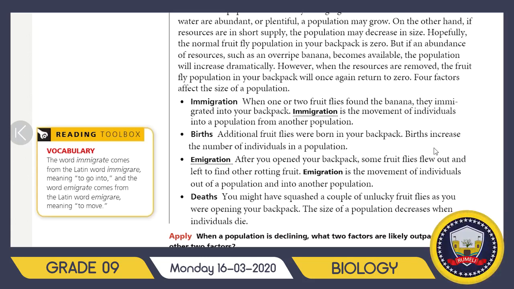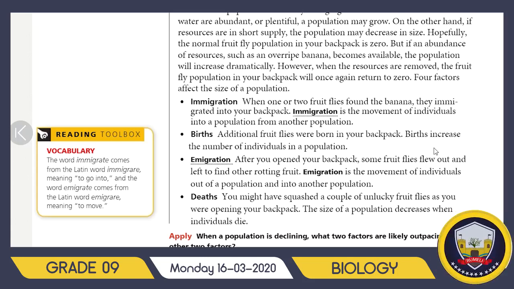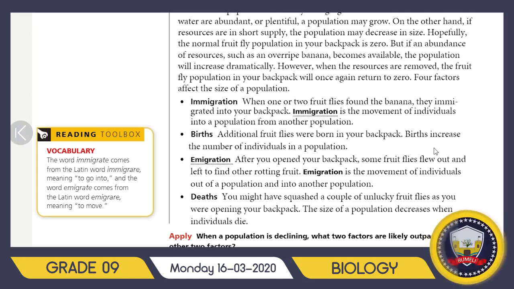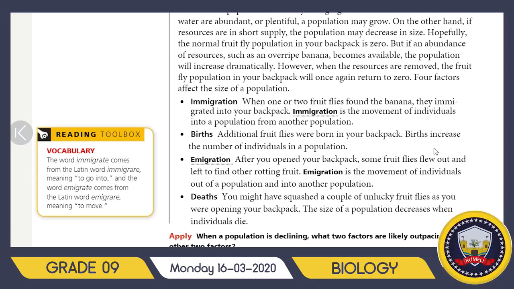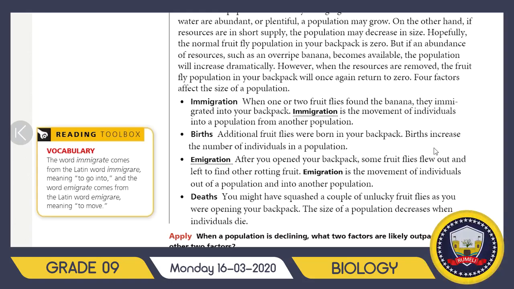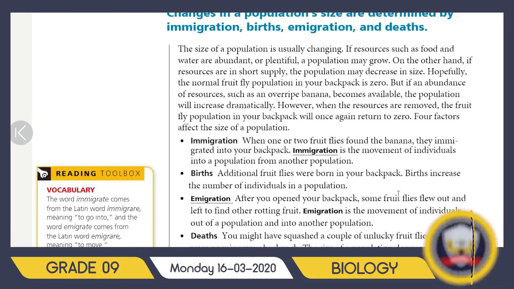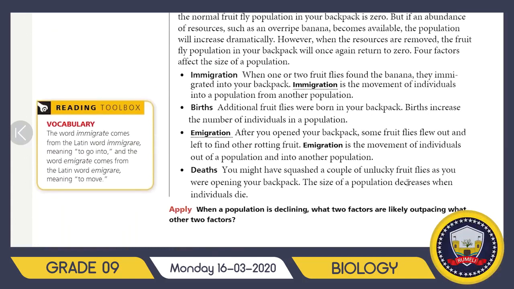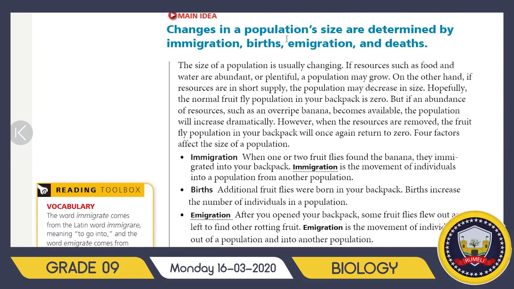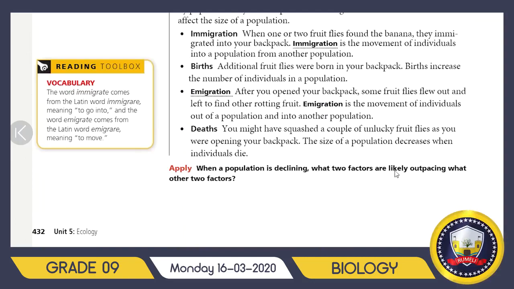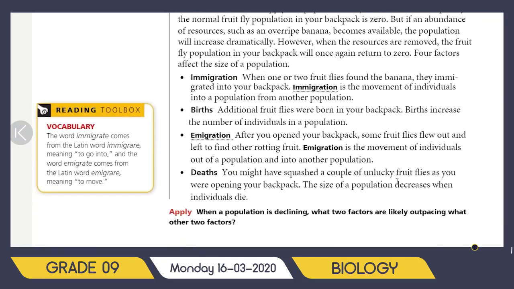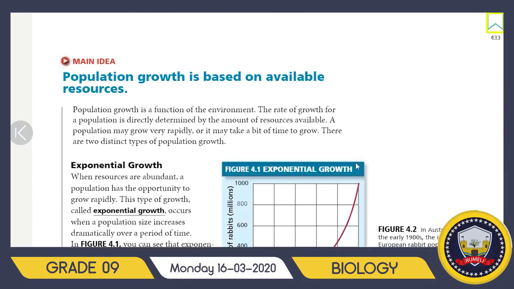Death rate: you might have squashed a couple of unlucky fruit flies as you were opening the backpack. So the size of a population decreases when individuals die. This is a small example of how changes in population size are determined by the resources available.